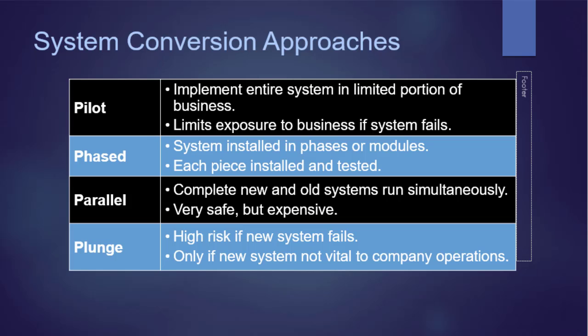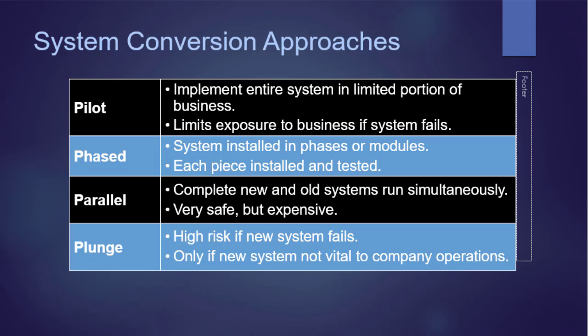When we convert over to a new system, there are 4 different ways you can do this. One is a pilot system, and that's where you implement the entire system in a small area of your business. The example I like to use is, let's say you own a bank and you have a bunch of different branches.